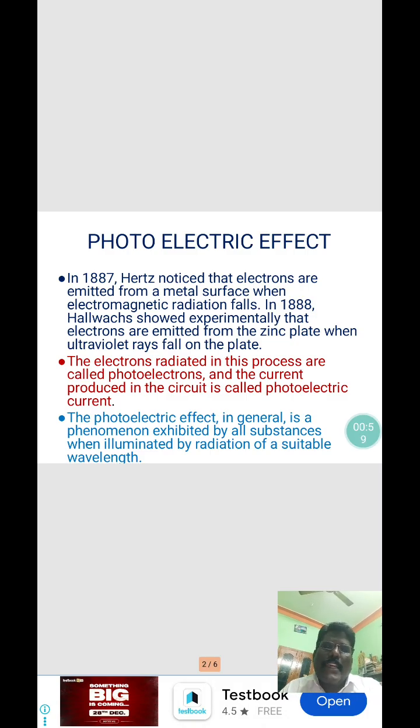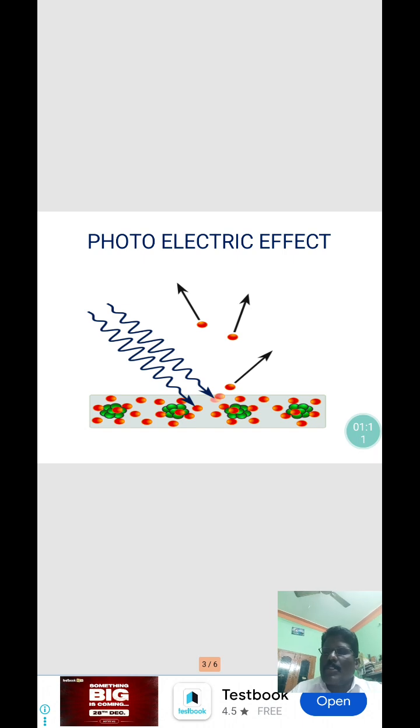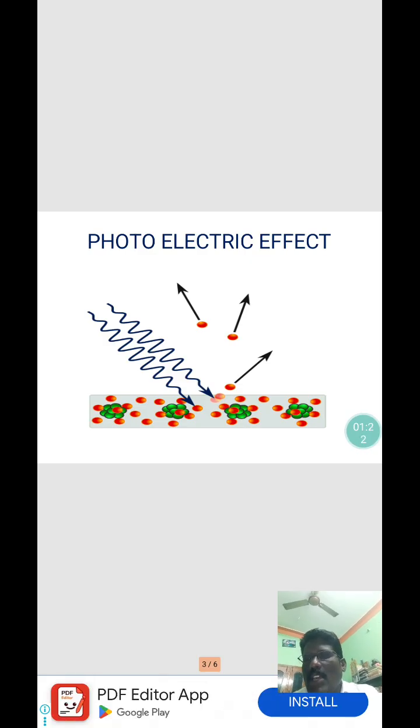The photoelectric effect in general is a phenomenon exhibited by all these substances when illuminated by radiation of suitable wavelength. So the phenomenon of ejection of electrons from the surface of a metal when light or X-rays of suitable frequency strike on it is called the photoelectric effect.